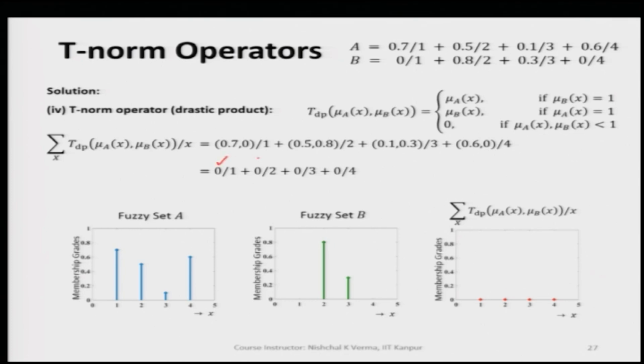You can clearly see here that all the elements of this discrete fuzzy set in the outcome have membership value 0, which we never account as an element of the fuzzy set. We only account for those elements which have a membership value more than 0. So, we can say we are getting a null fuzzy set when we take the drastic product of these two discrete fuzzy sets.